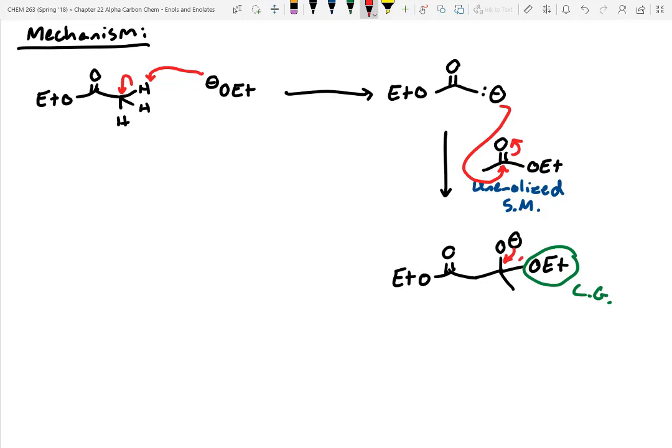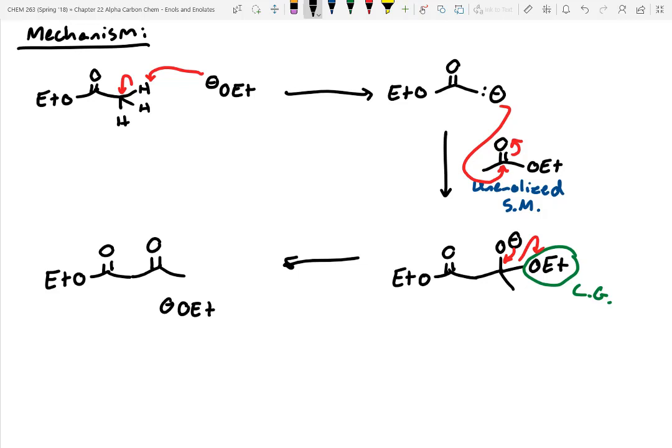You can clamp down, kick off your ester, just like we saw previously in the last chapter. And you kick off ethoxide in the end. So this would be your final product for that.